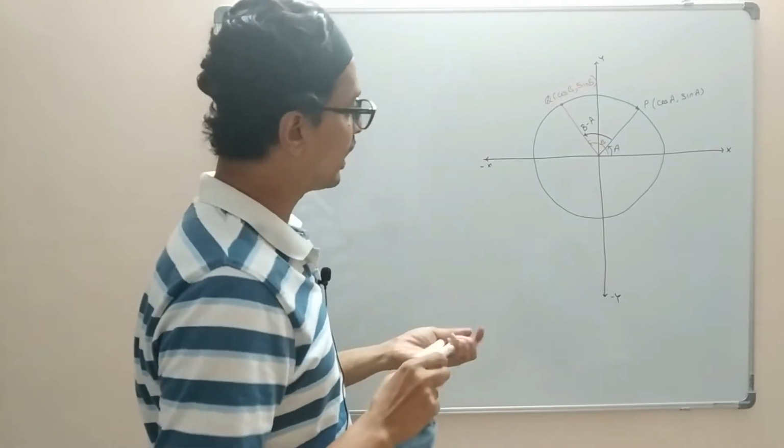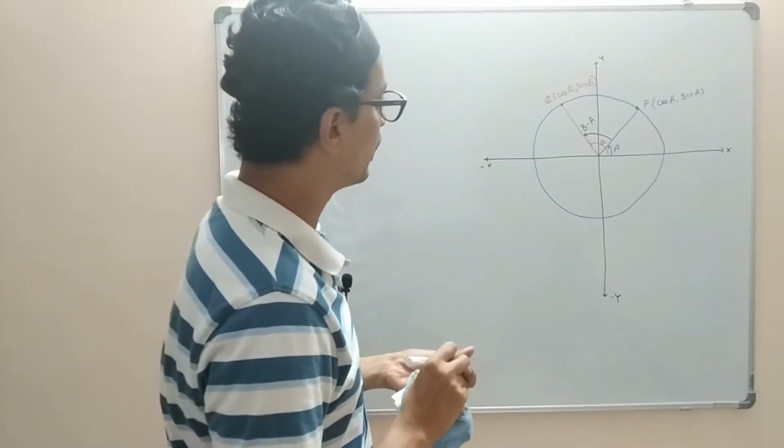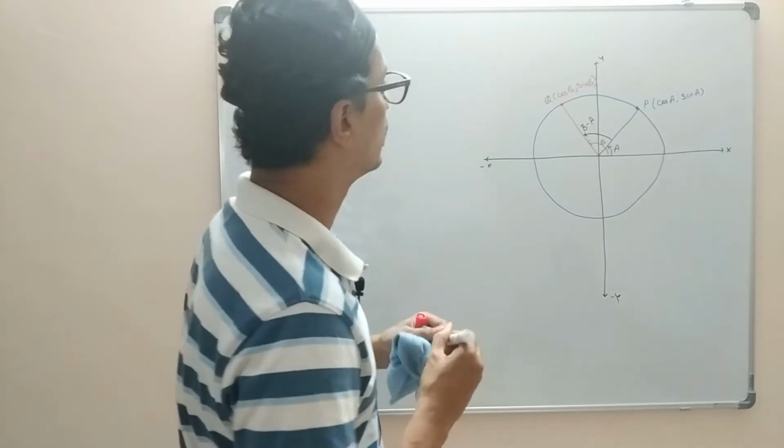Now we will have another angle. Let me draw it in blue color, the dotted line.